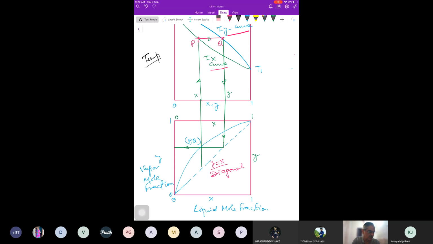So we draw a vertical line from here and to the diagonal, and then take a left line, draw a horizontal line. That should give us a y value. Or P say vertical line draw किया, that is the x value. So this point is a point on the equilibrium diagram. Any questions on how to get the equilibrium diagram from txy diagram?